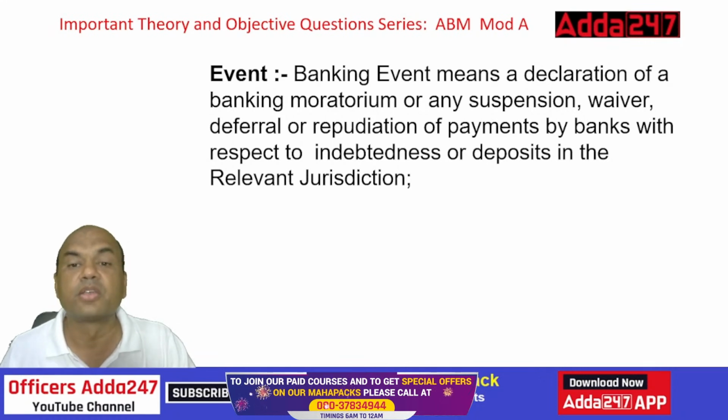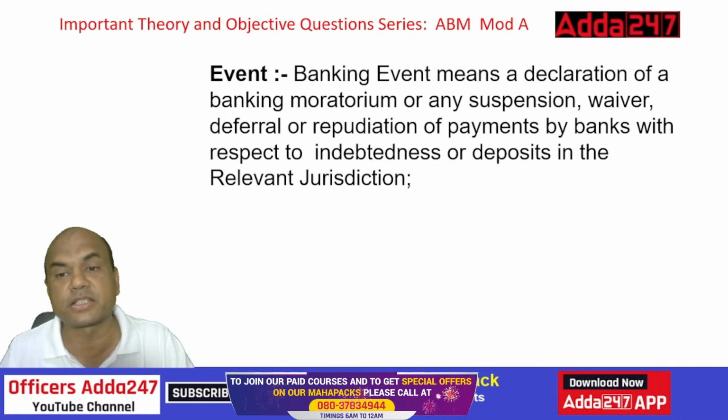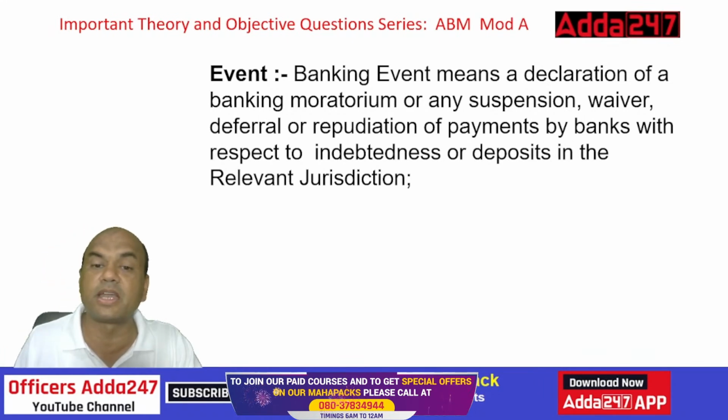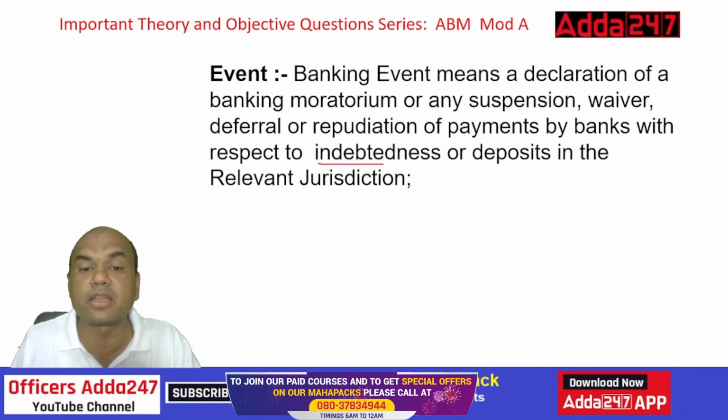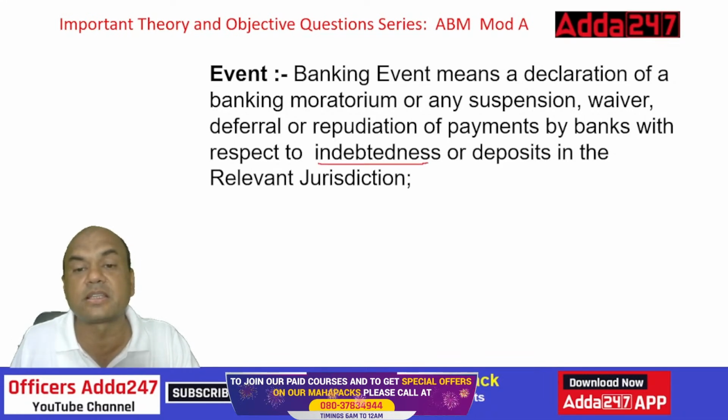Got it? So what is an event? Declaration of banking moratorium or any suspension or waiver, deferral or repudiation of payments with respect to the indebtedness or deposit. Indebtedness means the one who is indebted. Who is indebted? This is generally the borrower.